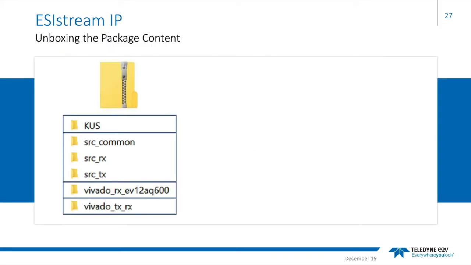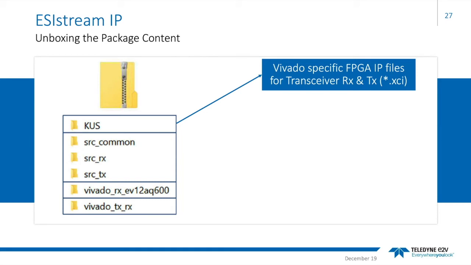When opening the zipped IP package, you'll face 6 directories as seen here. The first, labelled KUS, contains Vivado-specific FPGA IP files, specifically for the transceiver receive and transmit blocks. These have .xci file extensions. The next 3 directories contain the VHDL source code for the IP, separated into common functions, receive and transmit, as is clearly visible here.